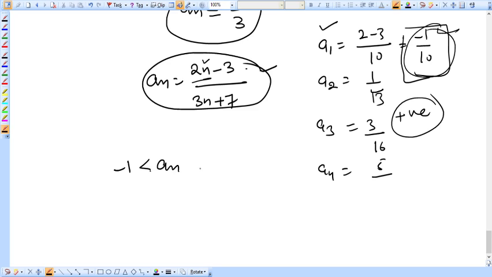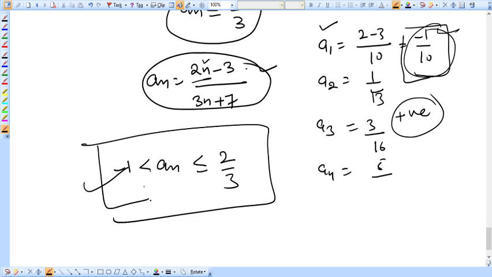And also it is less than or equal to 2 by 3. So in this way we get that this sequence is bounded, its upper bound is 2 by 3 and lower bound is minus 1. So this is how we prove boundedness and unboundedness, right?